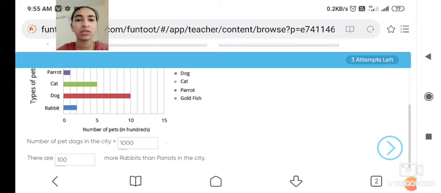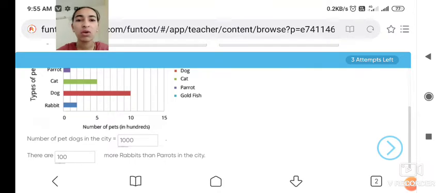Now you can see the first question is the number of pet dogs in the city. I already wrote the answer. How many dogs are there? 1000. 10 means 1000, so write 1000 there. Now there are dash more rabbits than parrots in the city. First we have to check how many parrots and how many rabbits there are, and which one is more.